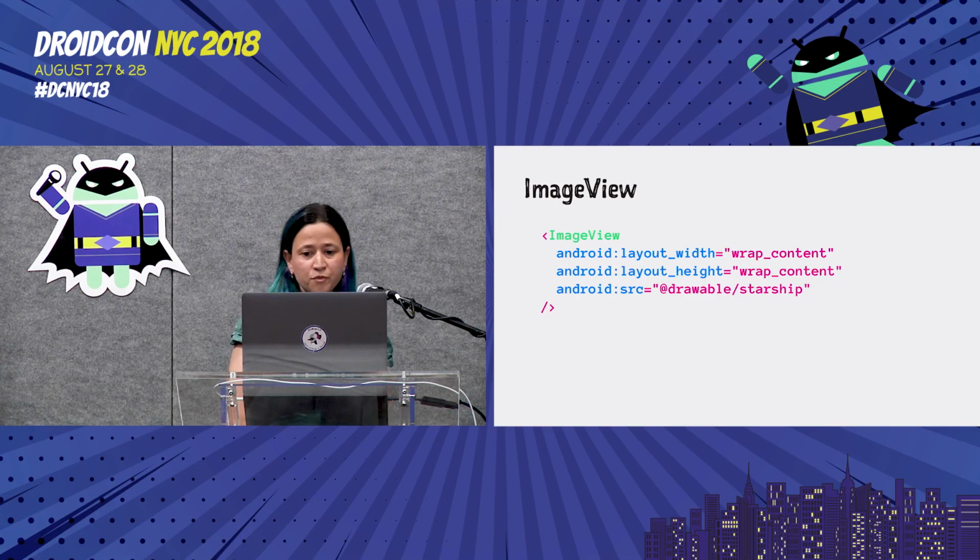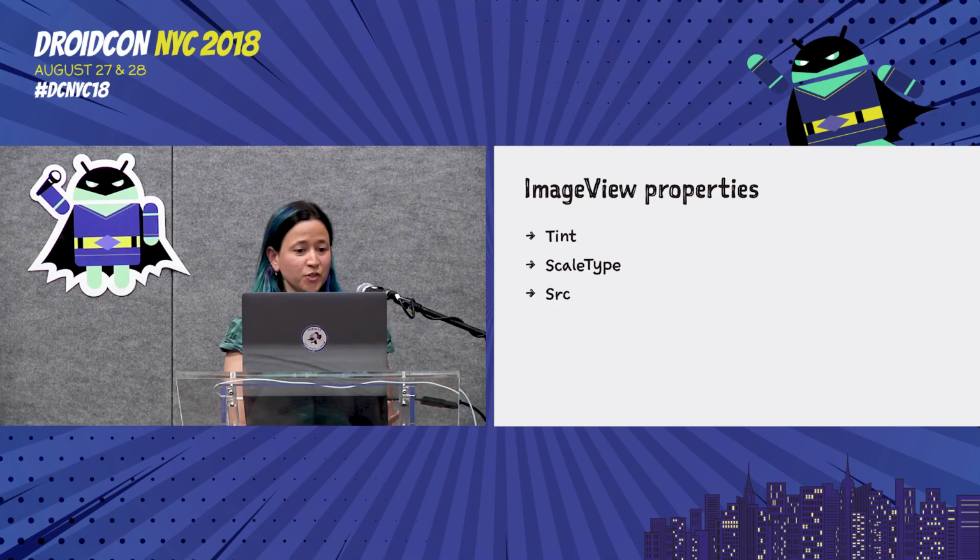Now, image view also has other attributes that you can apply to it that make it useful to use an image view versus, like, I don't know, always put a drawable as a background to something else. And the two commonly used ones are applying tint on an image and scaling the image.